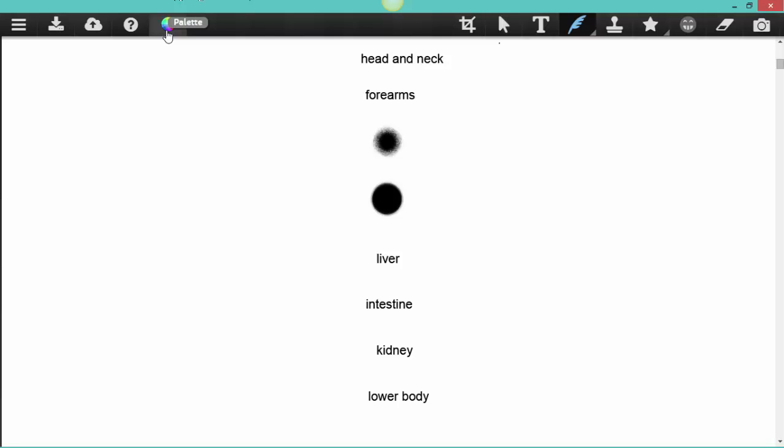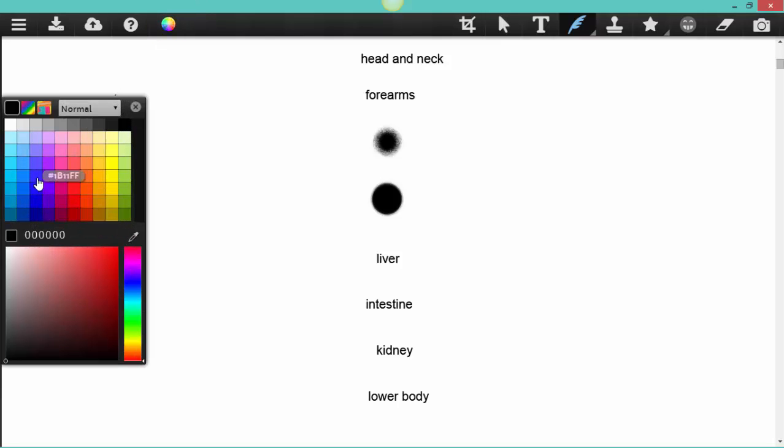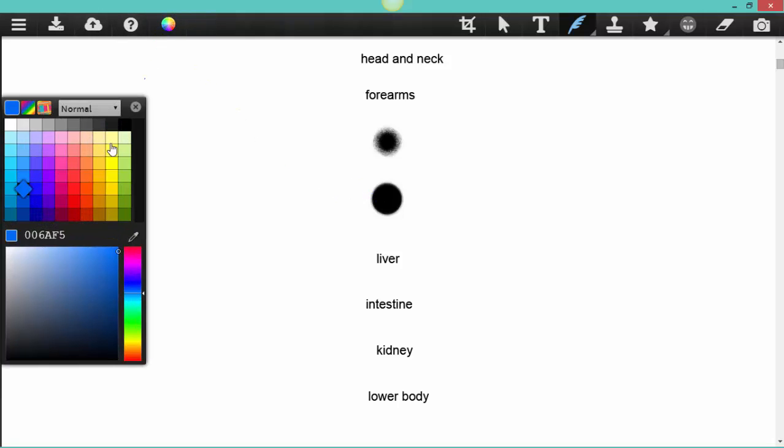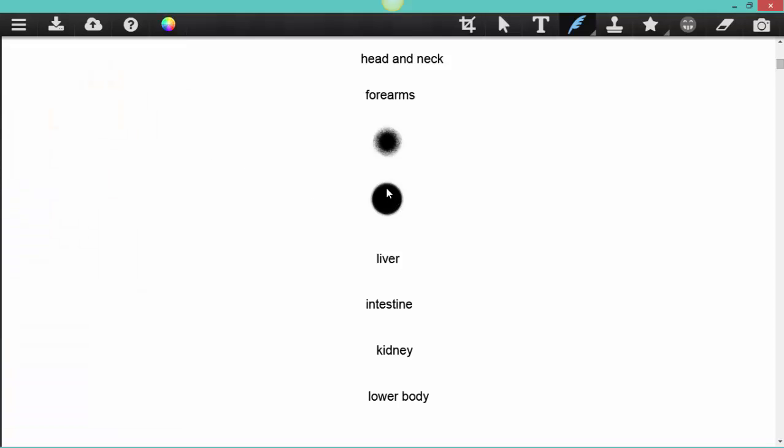So first, we're going to do the vena cava. So we'll take blue to indicate deoxygenated blood. And I'll first divide the heart into 4 sections. This would be the right atrium, left atrium, and left and right ventricle.